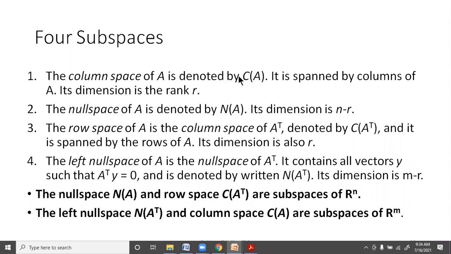The reason is that how many independent columns there are in A will decide C(A). The dependent columns will not come there, and the independent columns are going to give us the rank r. The smallest non-zero determinant will give us the rank r.